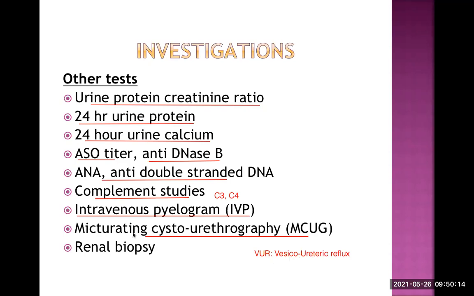So we inject some radio contrast material into the urinary bladder and ask the patient to urinate right there. During urination or micturition, the X-ray is taken. Now, what happens during urination? The pressure inside the urinary bladder will be higher, and that high pressure will cause reflux of the urine if VUR is present.